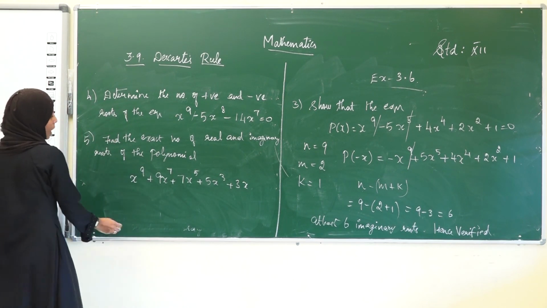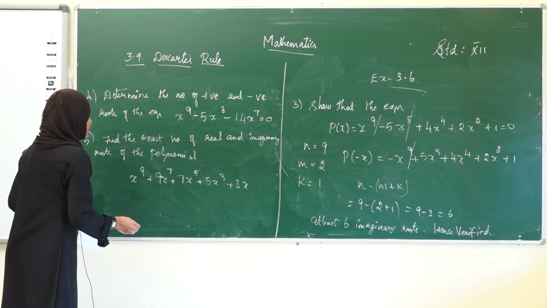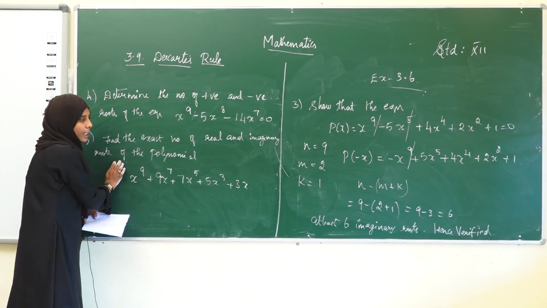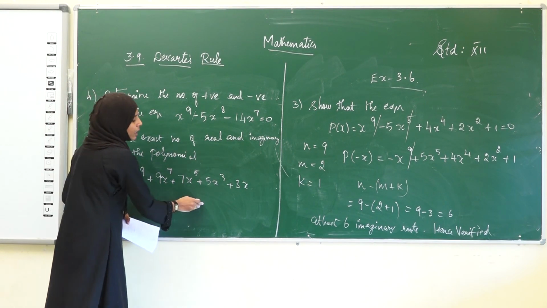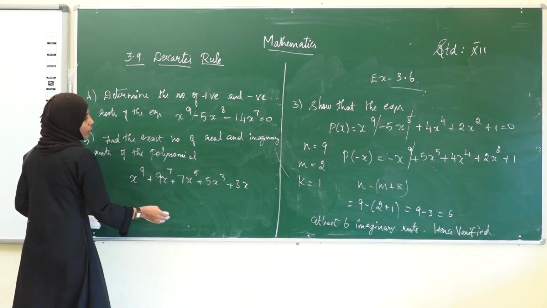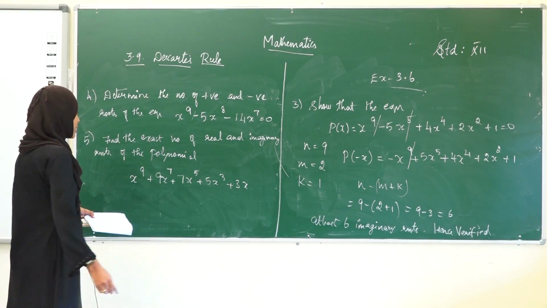We have to take this as P of x and find the number of positive roots, then consider P of minus x by changing x into minus x, and you will get the number of negative roots. Use the formula n minus m plus k, then you will get the number of imaginary roots.